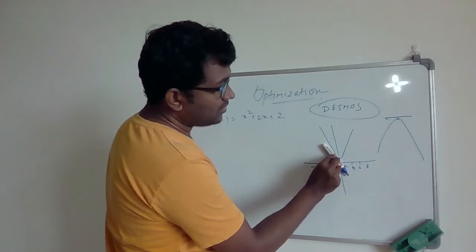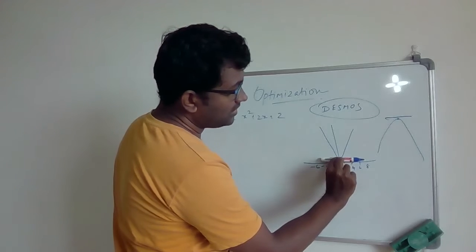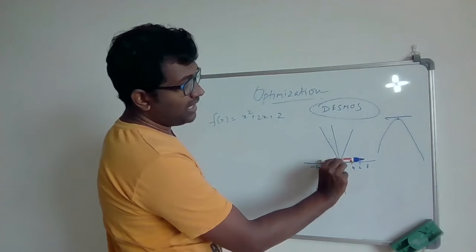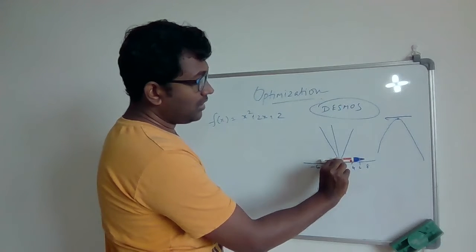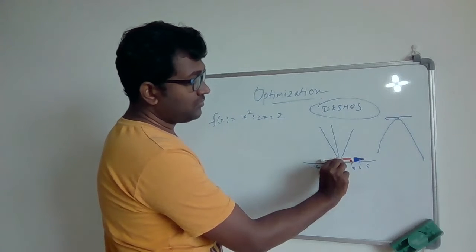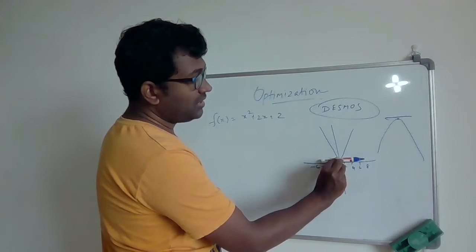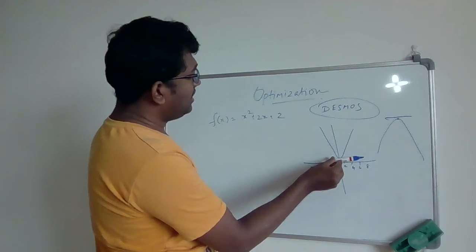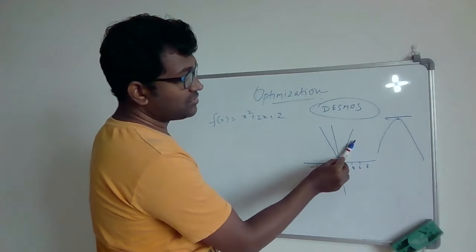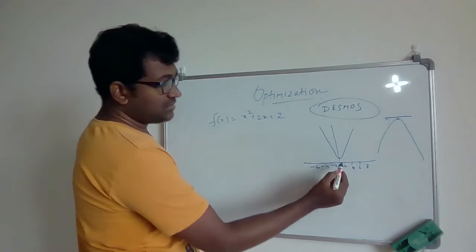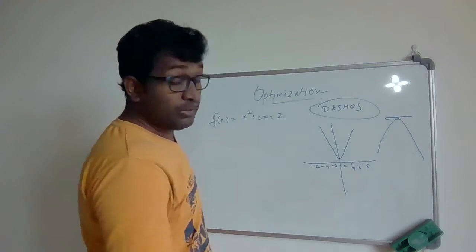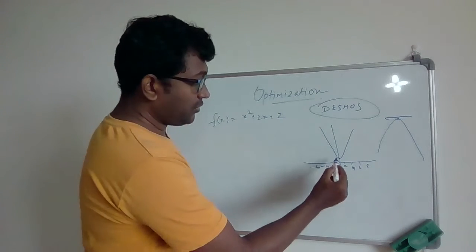As you reduce the cost, here it is flat, which means the slope is zero, which means this is the minimum cost for you to manufacture something. After that, if you change the values, it starts to increase, which means the cost goes up again. So this point is the minimum cost at which you can produce some goods.